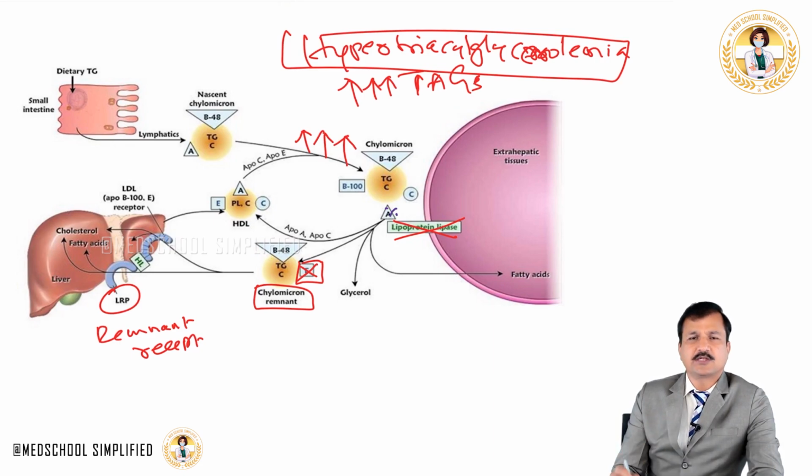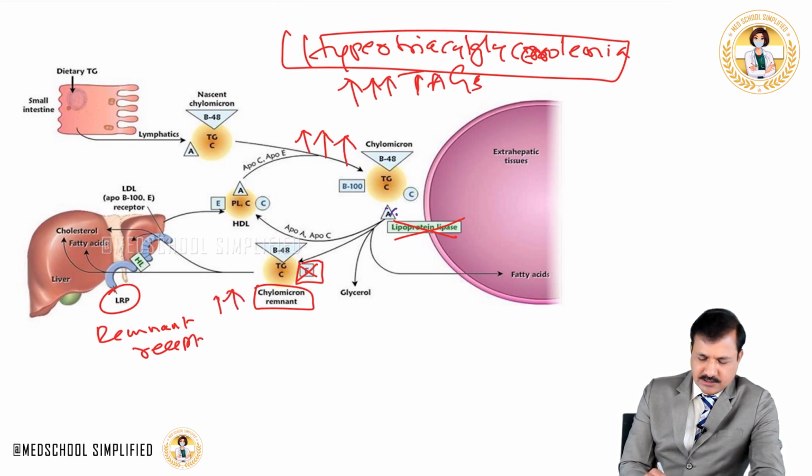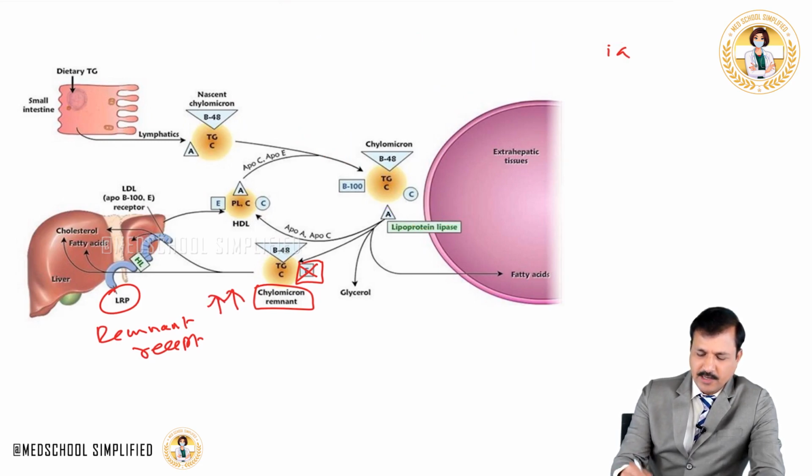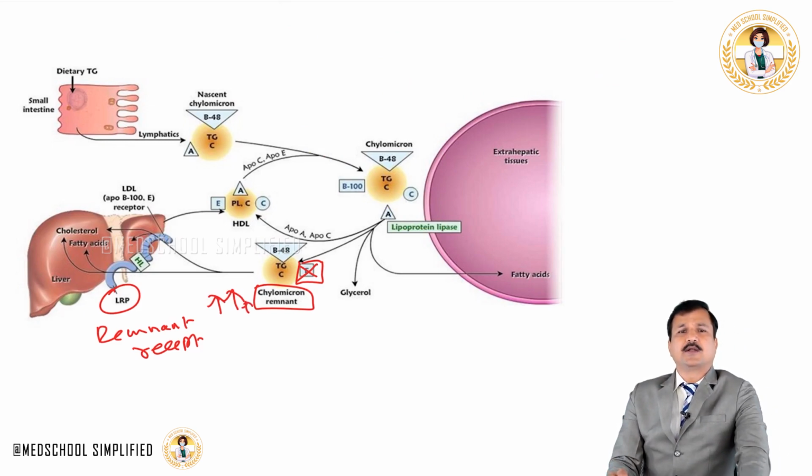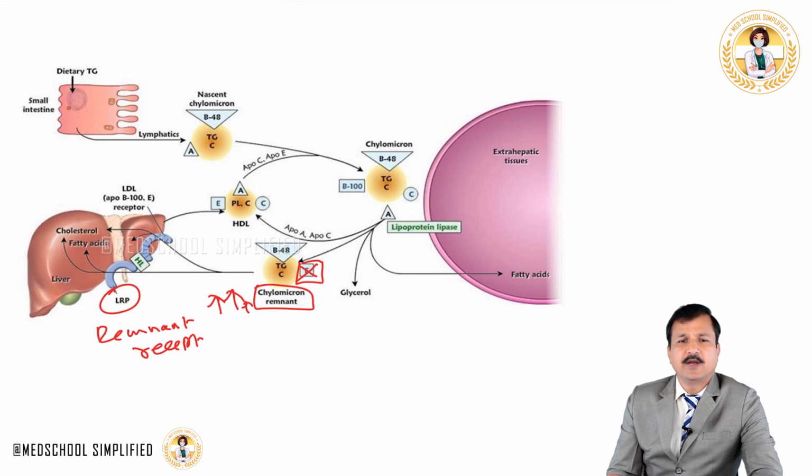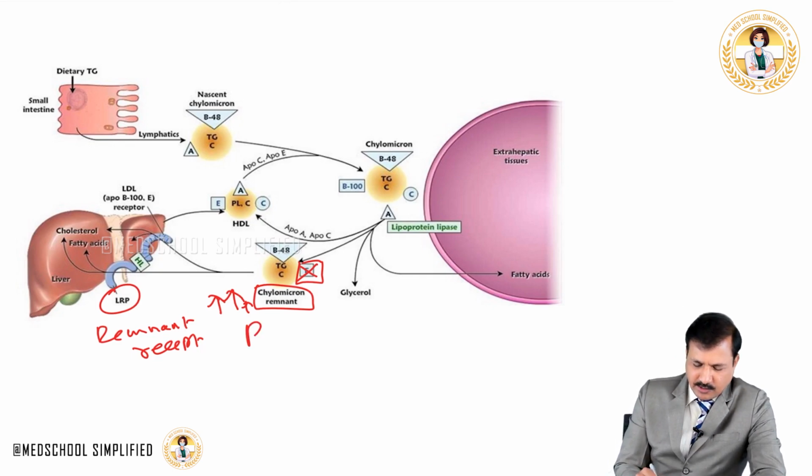Because of the mutation in apolipoprotein E, chylomicron remnants will just stay back in the circulation and build up in the blood. This is called remnant disease.